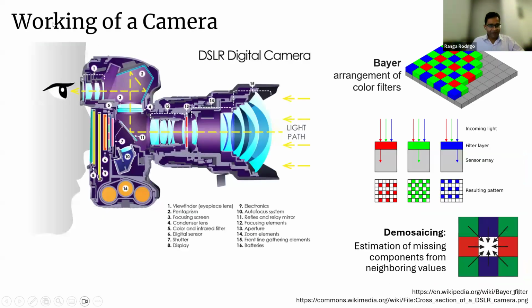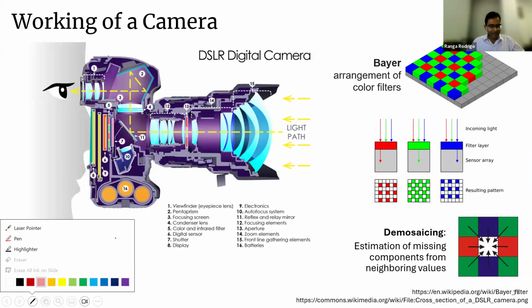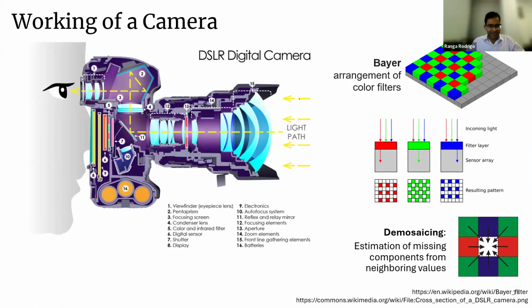So we briefly looking at the cameras. So we will study the cameras in slightly more technical detail later. But right now, what we want to see is light is coming in like so, and then light goes through these lenses, and in those DSLR single lens reflex cameras, there is a mirror.